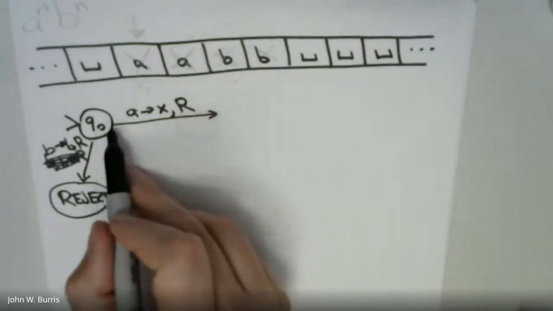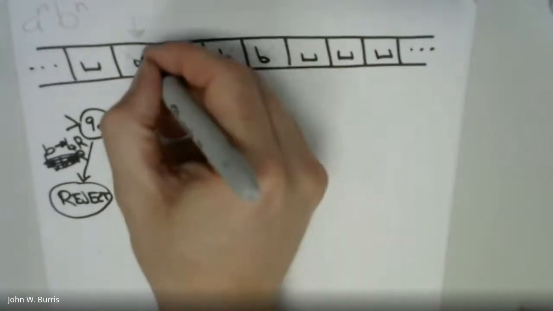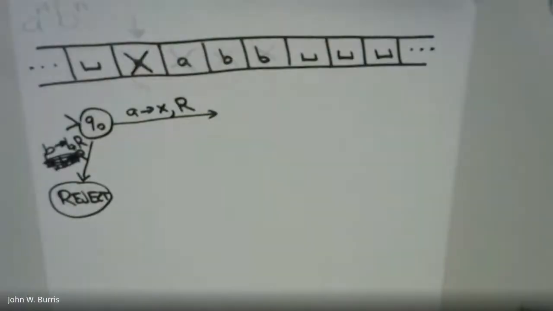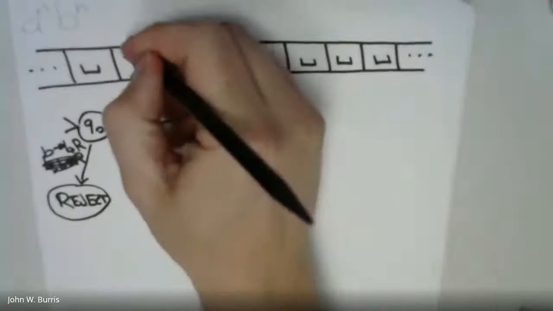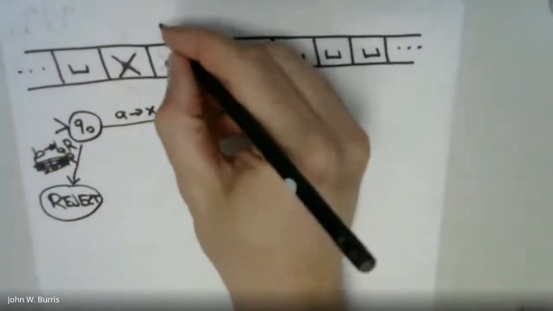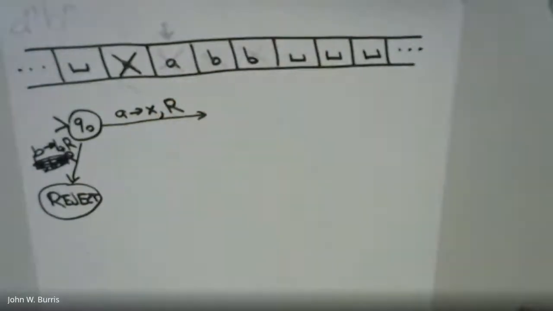So if we started at Q sub 0 and we read in an A, we can write that as an X and move this reader over to the right. I want you to kind of watch this construction as it happens. And I'm going to be trying to figure this out while I'm talking to you, okay? Now, this is to kick things off.